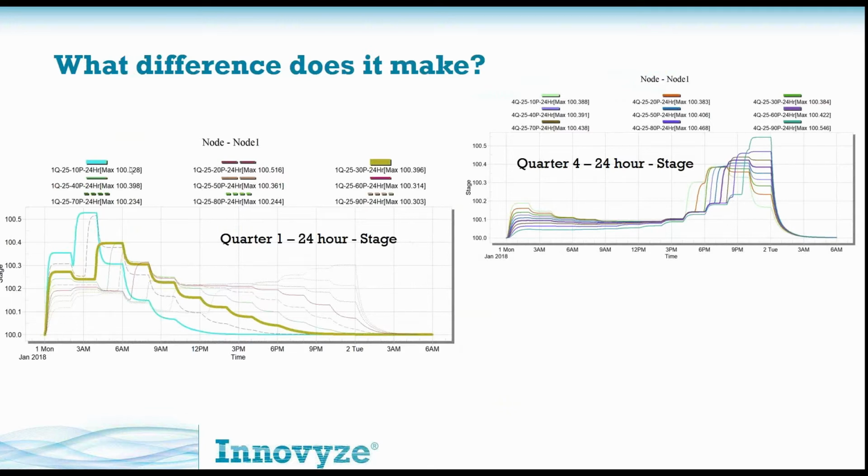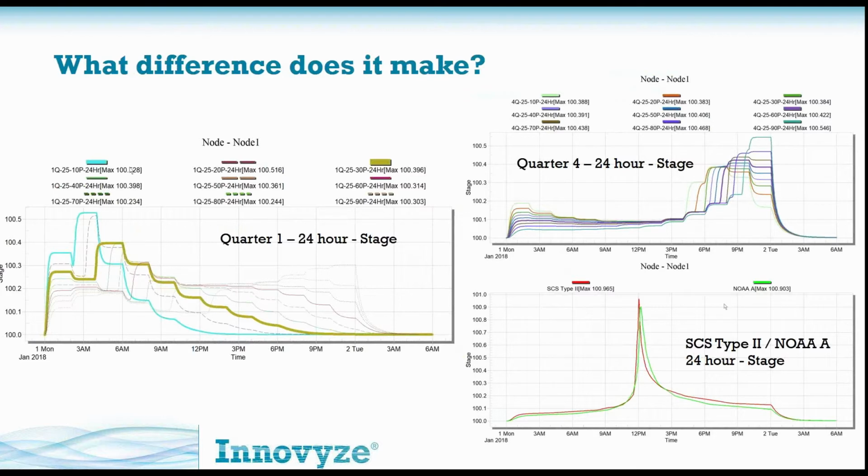And I want to contrast that primarily with the standard SCS Type 2 rainfall, which is a peak flow. It's a nested intensity peak flow, that takes all of those intensities, puts all the high intensity ones in the middle, and kind of distributes those across there.